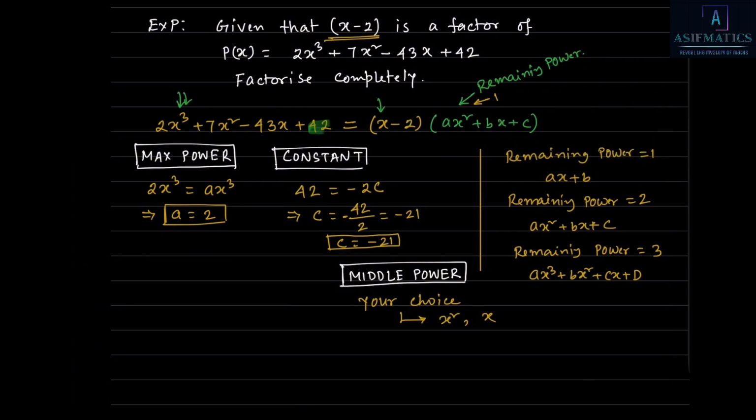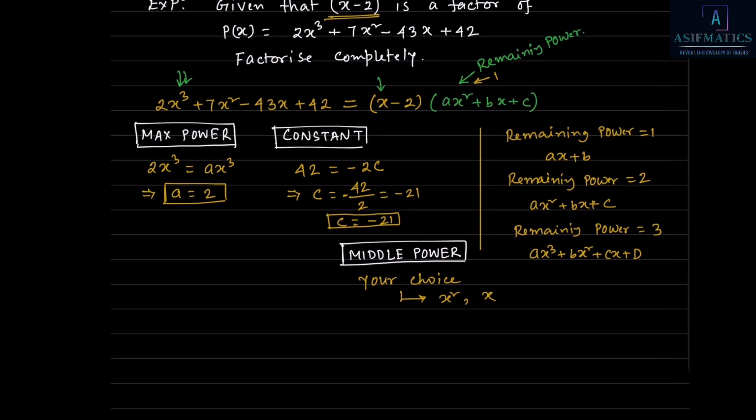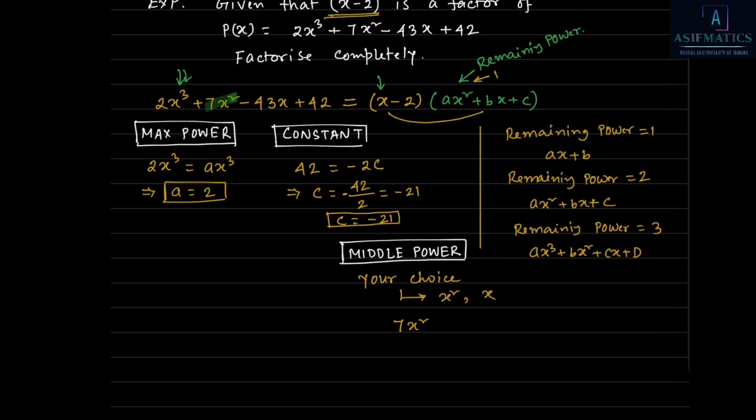In that case, what we get is that we have 7x squared on the left side. So we can write 7x squared. And if we equate on the right side, x times bx gives bx squared.